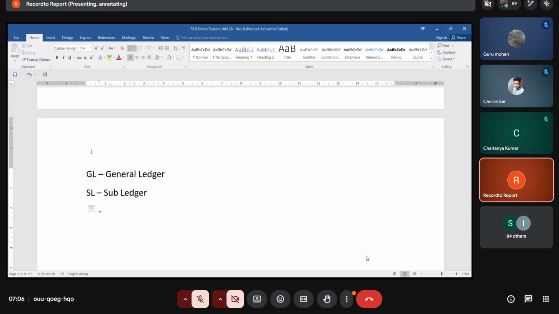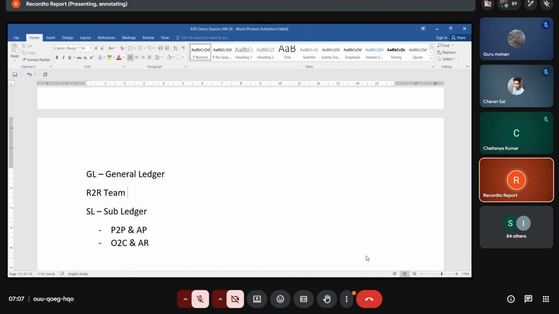In general ledger, we have P2P and AP, O2C, and AR.